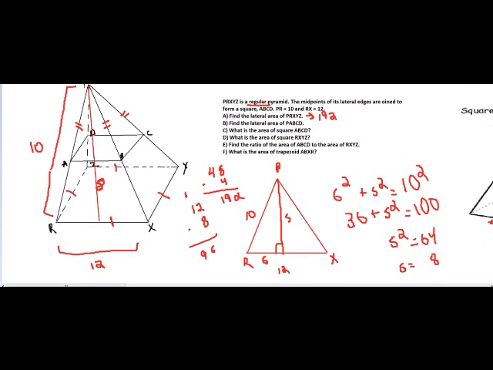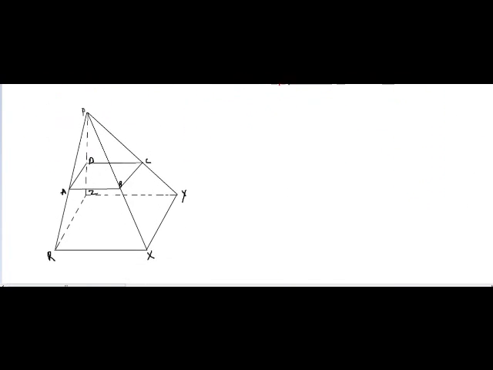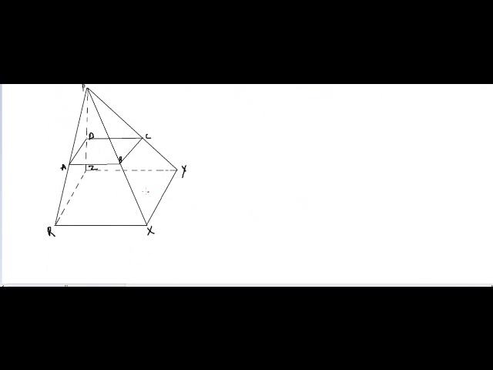Now it also wants you to find the lateral area of PABCD. So let's try this again also. We know that AB is going to equal half of RX, because there's a geometry rule that says that when you connect the midpoints of two of the legs of a triangle, the length of this new line you've made is going to equal half of the base of the old triangle. So RX is 12. A and B are the midpoints of PR and PX, which are the legs of this triangle.